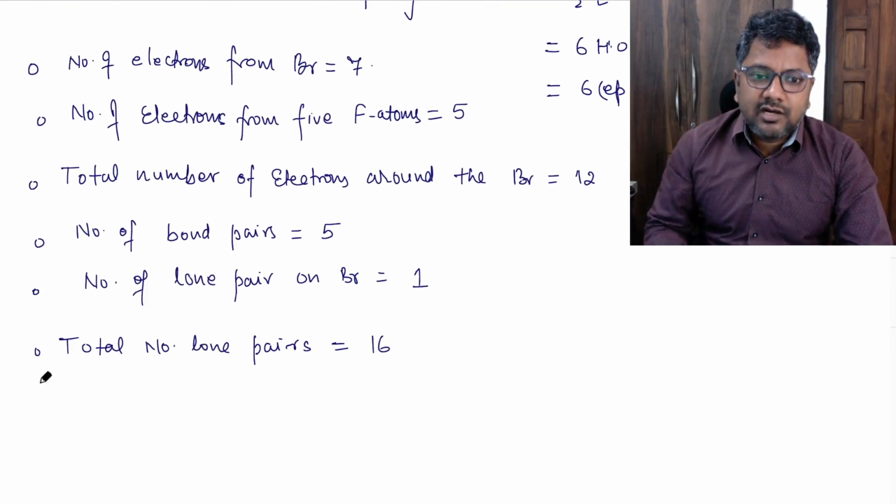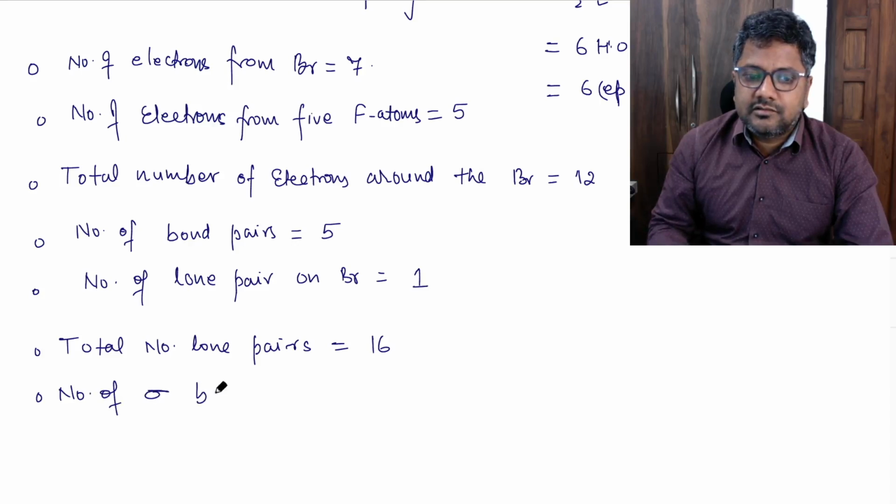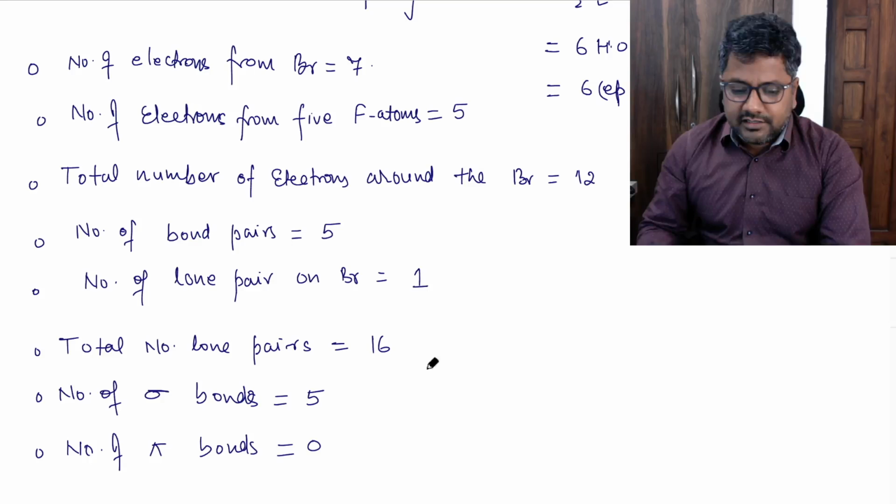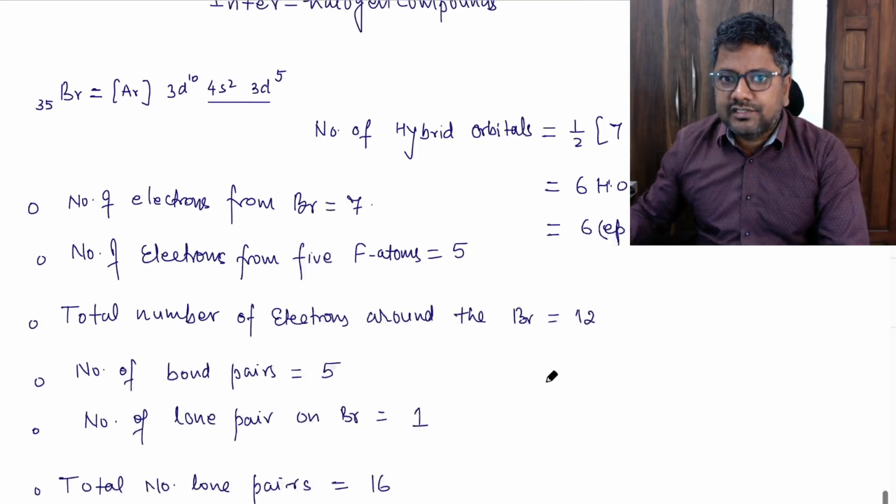Number of sigma bonds is equal to 5. Number of pi bonds is equal to 0, right? And what is the hybridization?